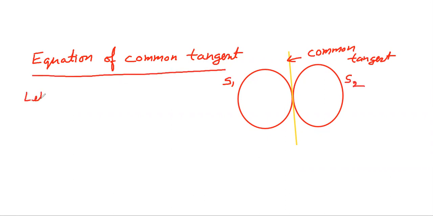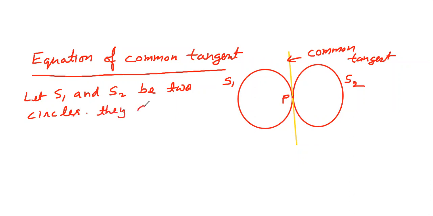Let S1 and S2 be two circles and they intersect at one point only, P. They are externally touching, or you can say they are touching at one point.